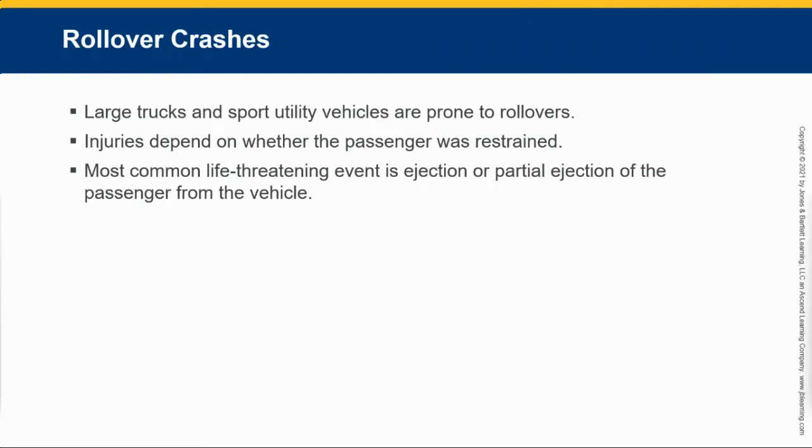And when we have a rollover, we look at the exterior of the vehicle, we see so many contacts with different places, it's impossible to know where the majority of the force was concentrated. So basically, we have to have a high index of suspicion for everything from rear, lateral, rotational, all the different impacts to the person in a rollover collision.